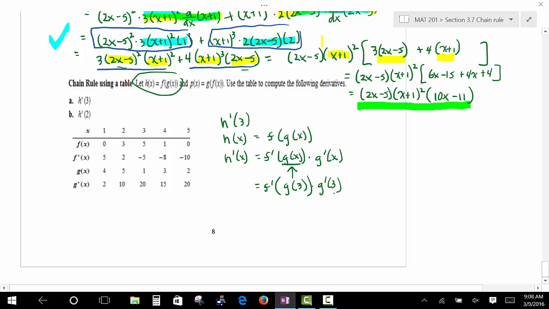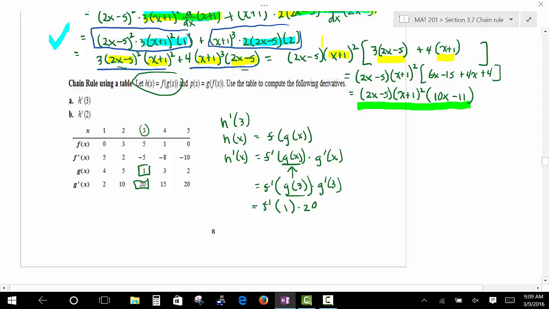The rest of the problem becomes an arithmetic problem. Okay, all right, so what we'll do with this is g of 3. Here's 3, g of 3 is this row, so you're there. Okay, so g of 3 is 1 according to that table, so that's going to just be a 1 like that. g prime of 3 is this row. Here's 3, just match up your column and your row, so that's going to be 20.